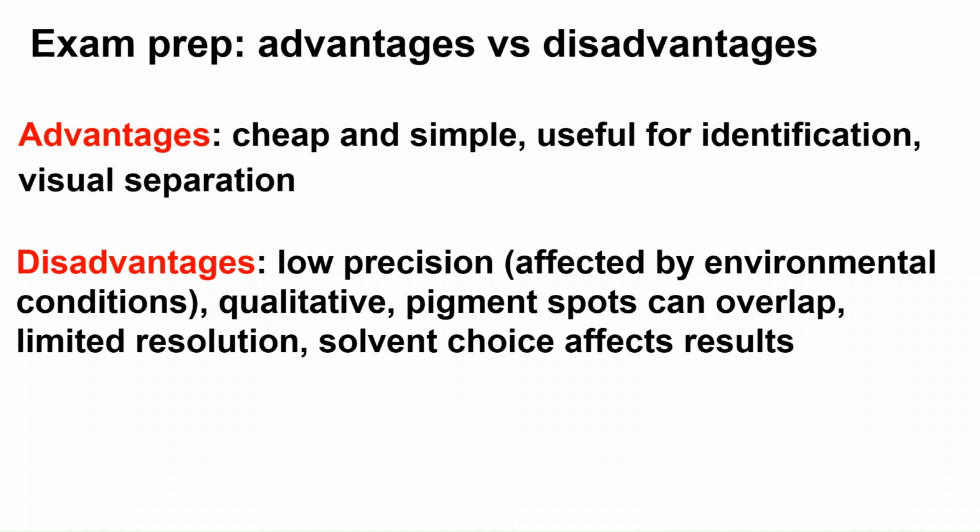And then the disadvantages. It's not very precise because it's affected by environmental conditions. If there's a higher temperature, for example, the pigments might move at a different speed, and that will affect your results as well.